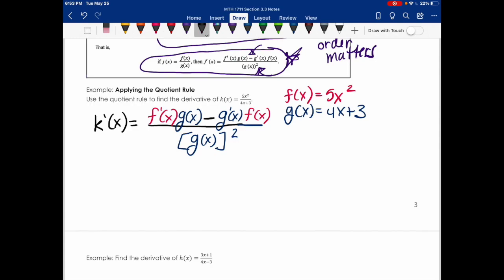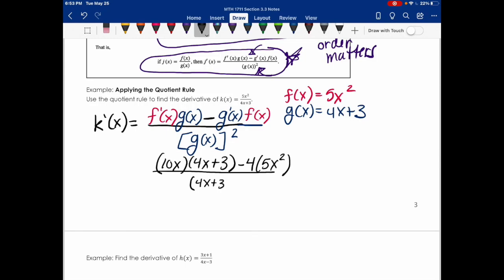So I'm going to go ahead and put all this in now. The derivative of f of x using our shortcut is going to be 10x. And then I'm going to multiply that by g of x, which is 4x plus 3. Then I'm going to subtract the derivative of g of x, which would be just 4, times f of x, which is 5x squared.